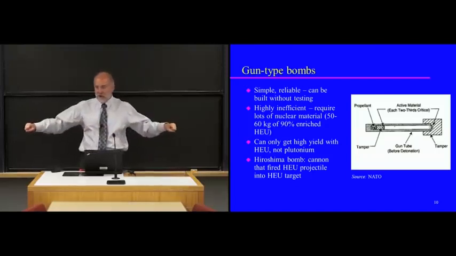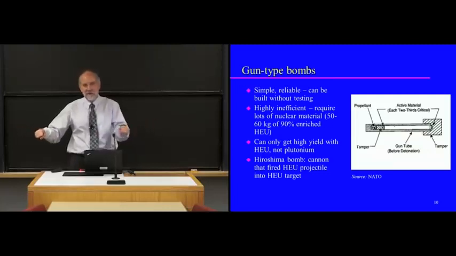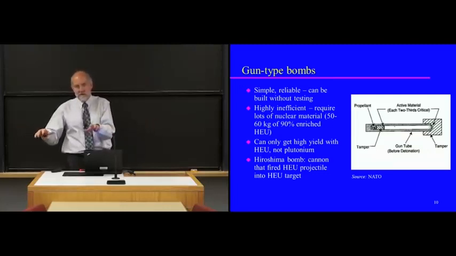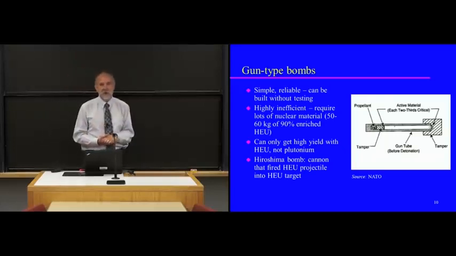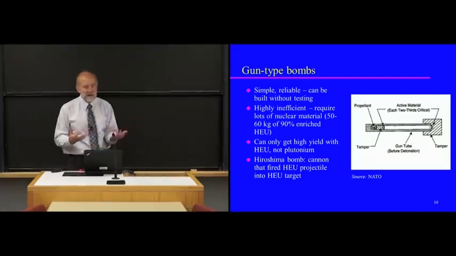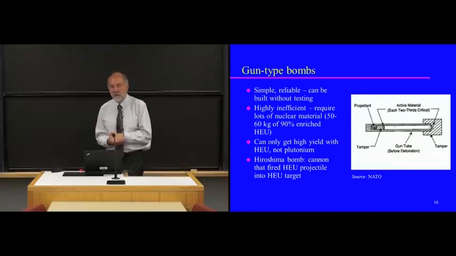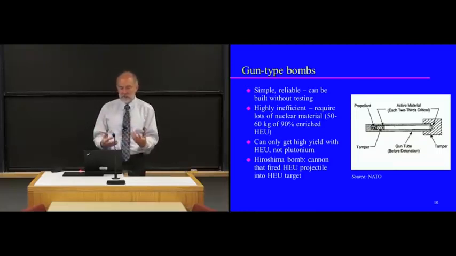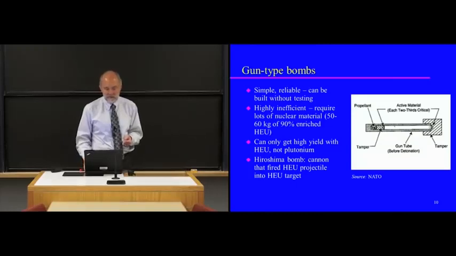And therefore, as the two pieces are coming together in a gun-type bomb, even fired from a cannon, they'll start fissioning before they come together in the full configuration that you want. So you won't get a Hiroshima-scale nuclear bomb trying to do a gun-type bomb with plutonium. So you can only get high yield with highly enriched uranium.